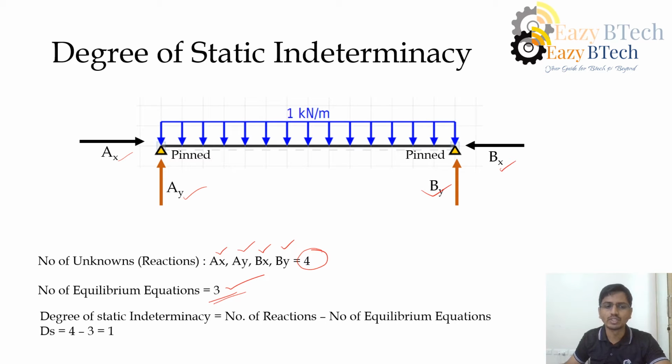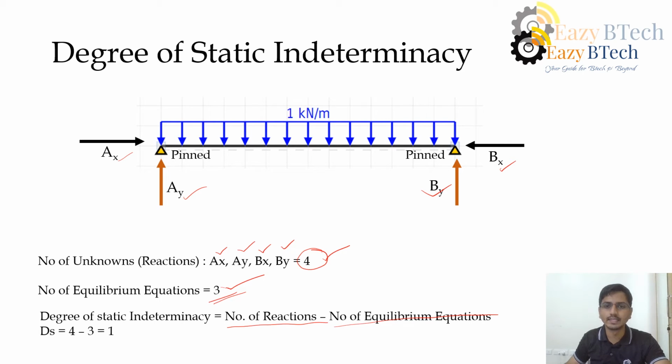How do we find the degree of static indeterminacy? It is the number of reactions minus the number of equilibrium equations. The number of reactions I have got is 4, and the number of equilibrium equations is 3. So 4 minus 3 is 1. The 1 is nothing but the degree of static indeterminacy.